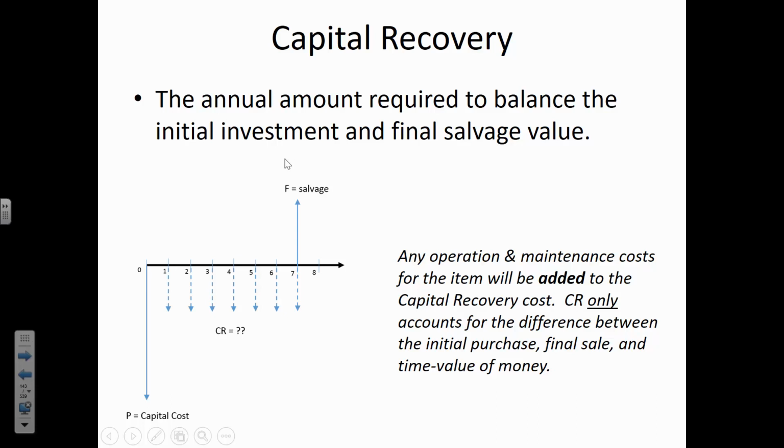So this salvage value, not only is it going to be smaller in absolute terms, the number of dollars will be less, but also the value of those dollars isn't so large because it's in the future, compared to these really valuable dollars that we spent at time 0 when prices were lower and money had more value because it hadn't yet been eroded by the effect of inflation, inflating prices.